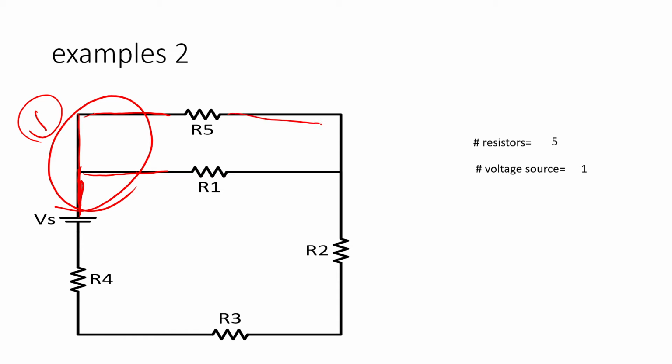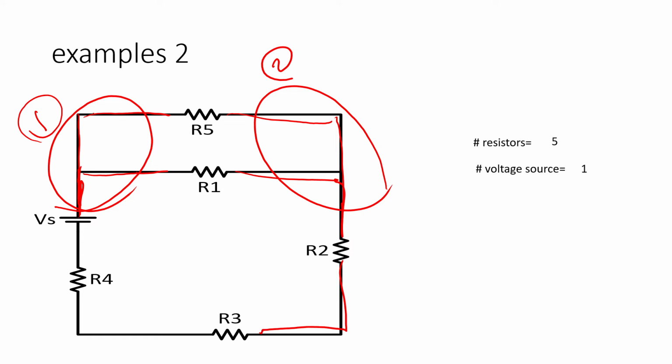R5, R2 and R1, all of them are connected using node number 2. R2 and R3 are connected using node 3. 3 and 4, node number 4. 4 and back to Vs, node number 5. So we have 5 nodes.